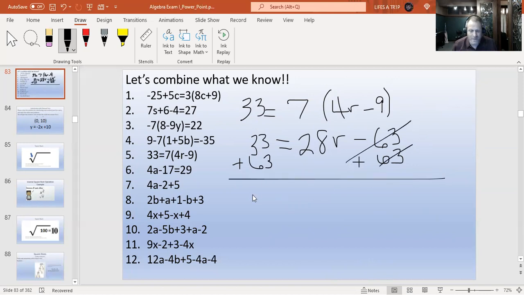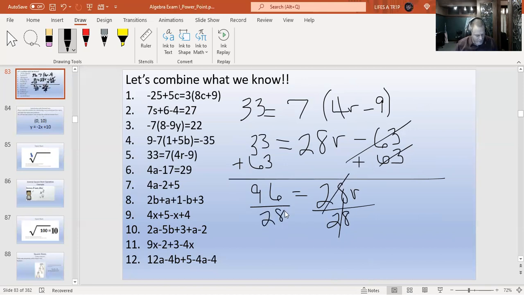Cancel, cancel. 96 equals 28r. We can't have that 28 there, can we? So let's divide it out. Cancel, cancel, and what you do to one side, you do to the other side. Let's go over here to have a little bit more room.